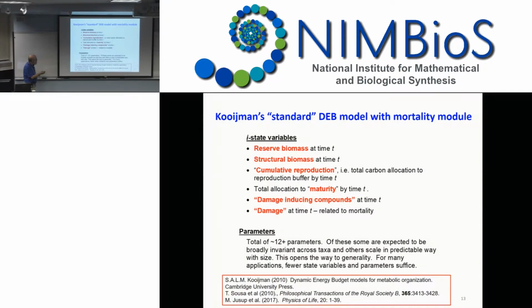Often the model is studied without these, and again you have wiggle room in terms of the number of parameters. And the model has a rather powerful feature, which is that you can characterize the parameters as those that ought to be broadly invariant across species and those that will vary in a systematic way with size.